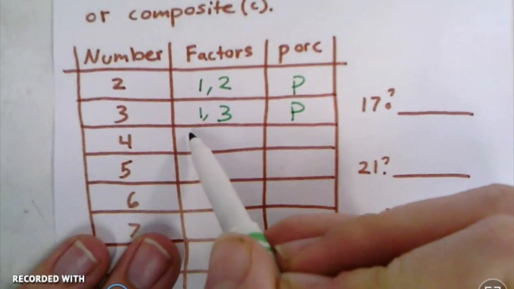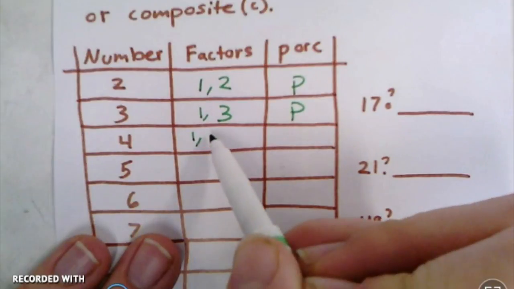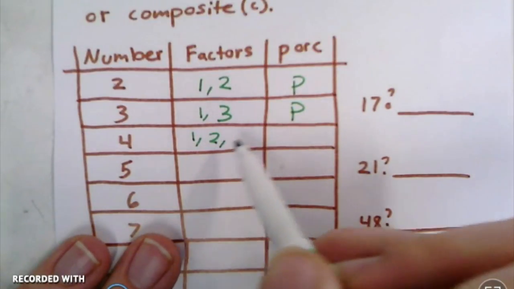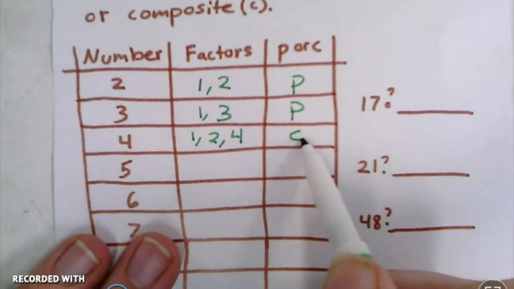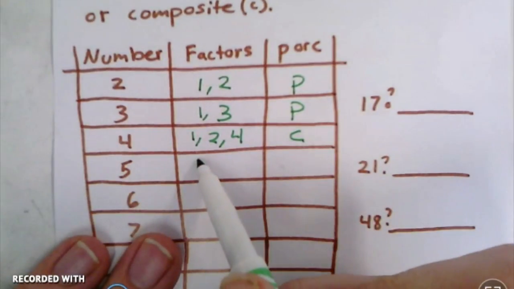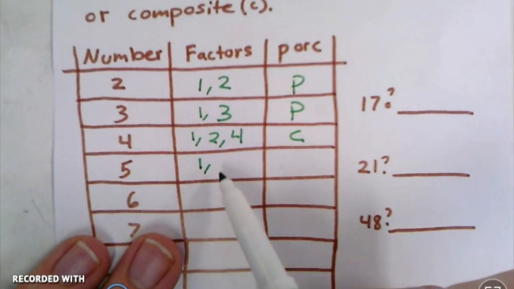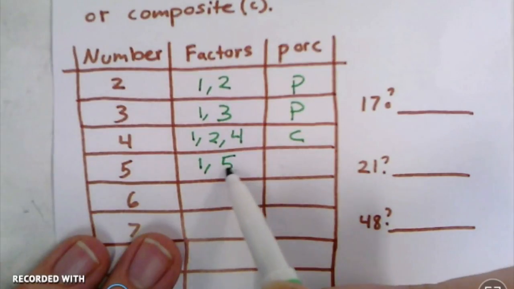What about 4? Well, 4 has 1, 2 times 2, and 4. Does it have any other factors besides itself and 1? Yes, so this one is composite. What about 5? It has 1, doesn't have 2, you can't divide it by 3, you can't divide it by 4, you can divide it by 5.